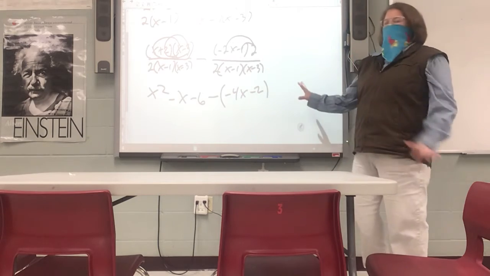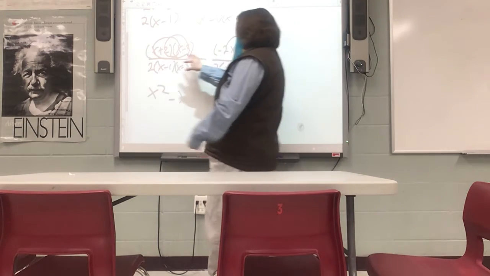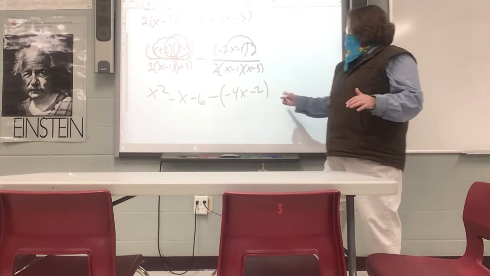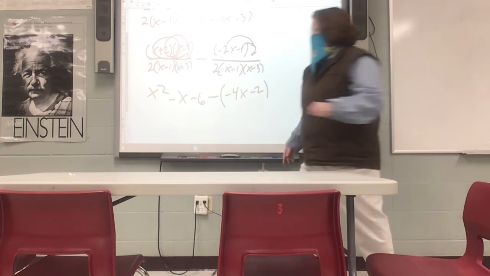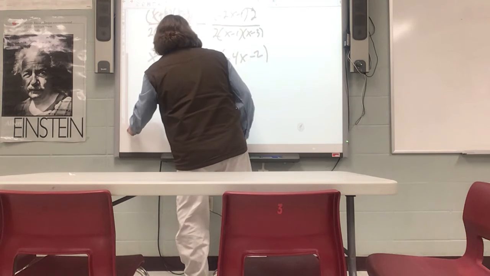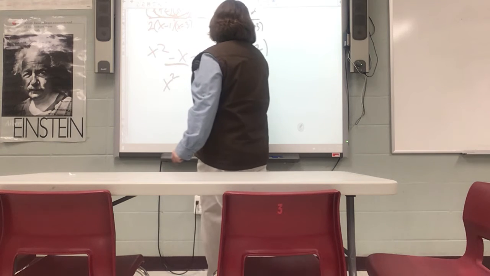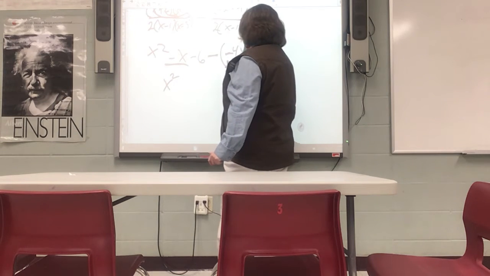Now I still am all over that common denominator, but just to save myself some time writing a bunch of stuff, I'm going to see if I can subtract like terms here first. So I got x squared, negative x minus negative 4x.